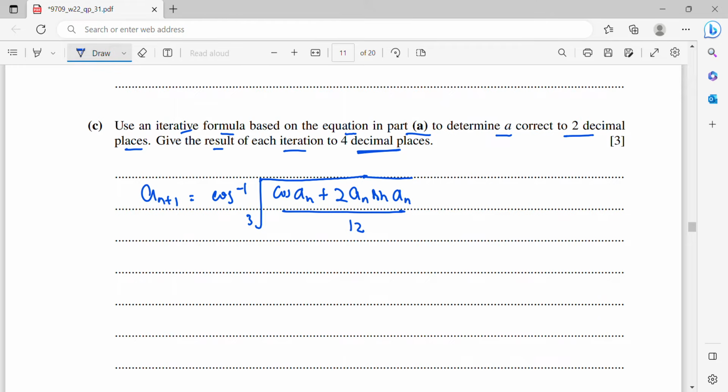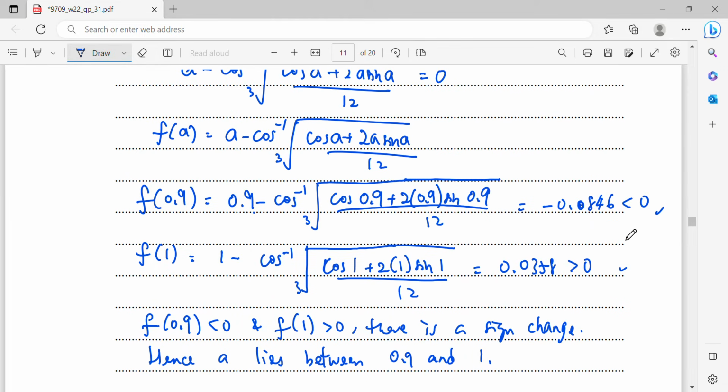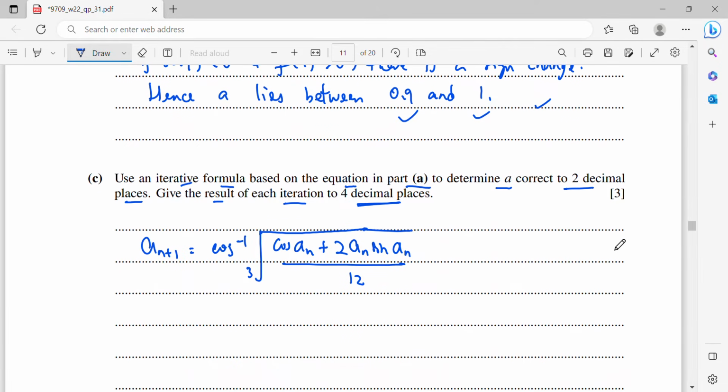Now, since in part B, we have proven that A lies between 0.9 and 1, you can simply let the initial guess, which is A0, be 0.9 or 1 or the middle value. Okay, the middle value is going to be 0.95. So I'm going to use A0 equals to 0.95.